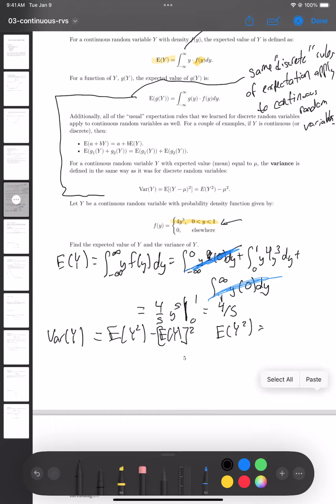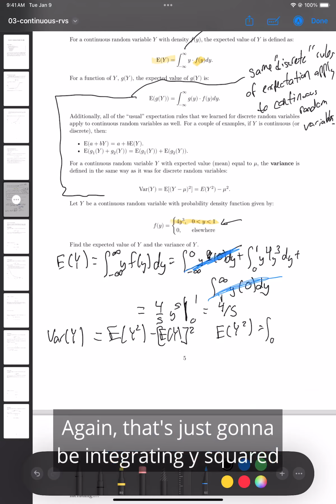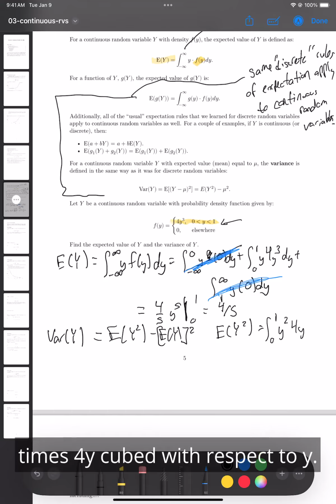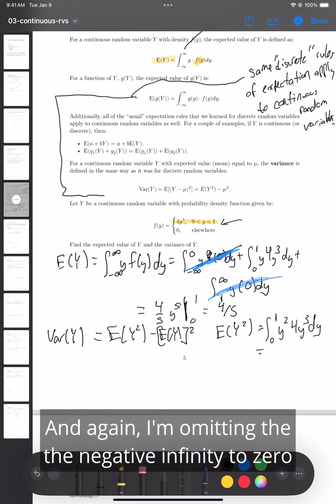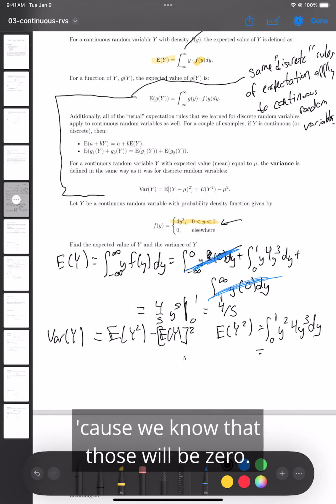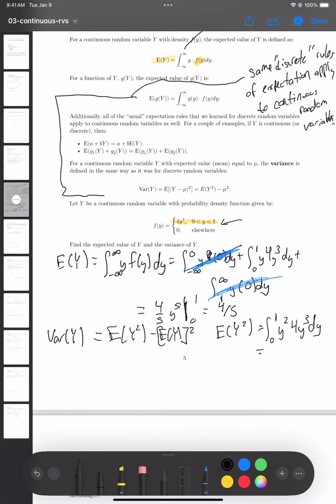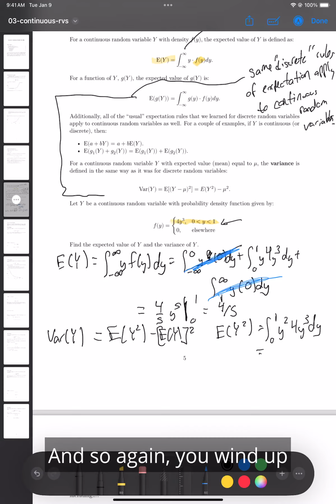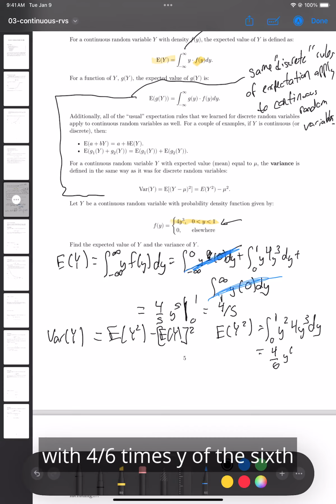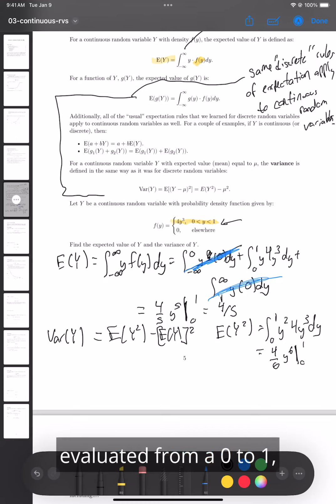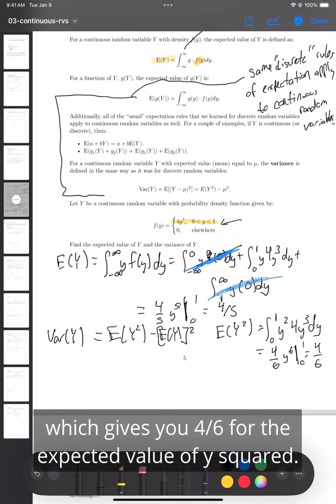That's just integrating y squared times 4y cubed with respect to y. Again, I'm omitting the negative infinity to 0 and 1 to infinity integrals because we know that those will be 0. So you wind up with 4/6 times y to the 6th, evaluated from 0 to 1, which gives you 4/6 for the expected value of y squared.